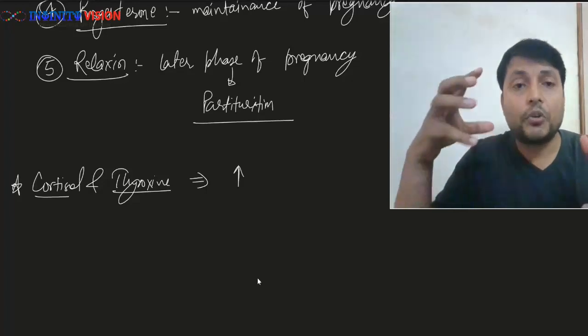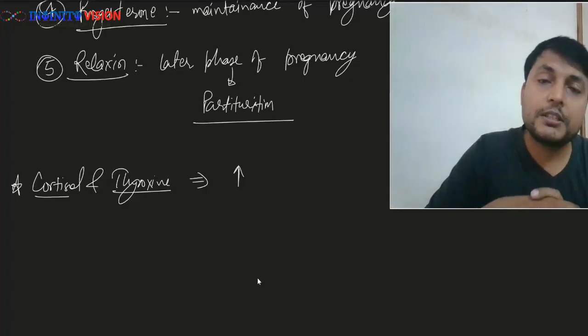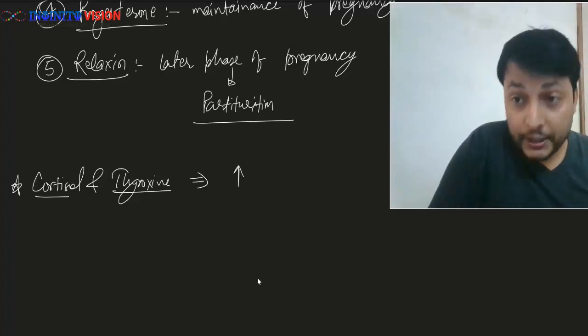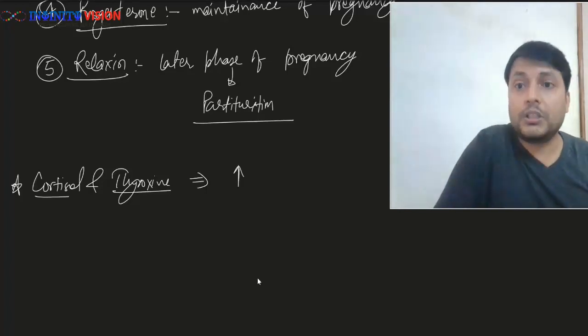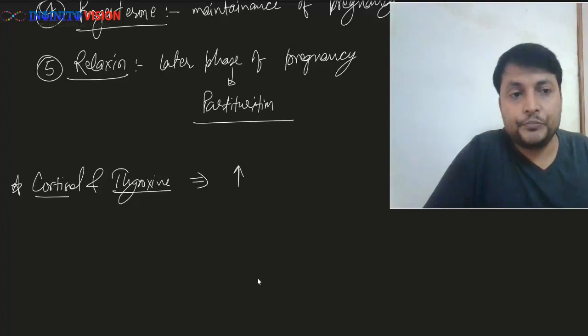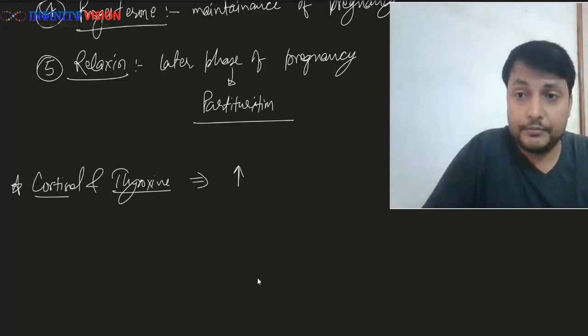Because cortisol, remember, is responsible for carbohydrate metabolism, and it is secreted by the adrenal cortex, right? The glucocorticoids. It is the chief glucocorticoid, cortisol, and it is responsible for increasing the carbohydrate metabolism in the female body, which is required for more and more energy production.